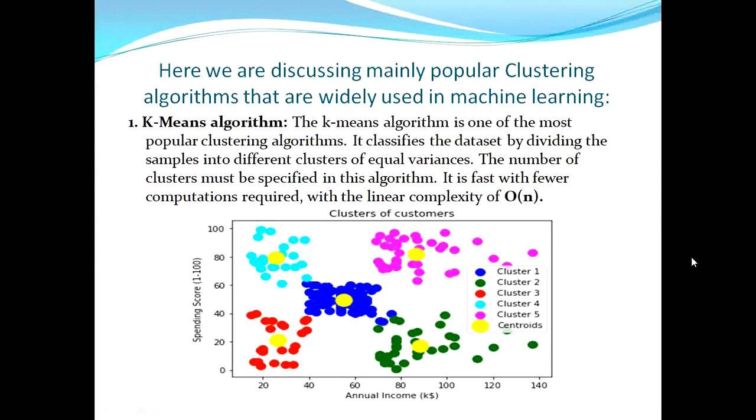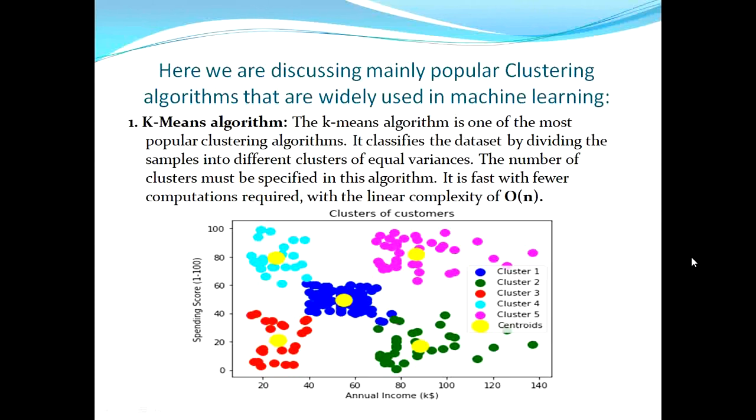In cluster 1, we clearly see that it shows the customers with average salary and average spending, so we can categorize these customers as careful. In cluster 2, it shows the customers have a high income but low spending, so we can categorize them as careful. In cluster 3, it shows low income and also low spending, so they can be categorized as sensible.